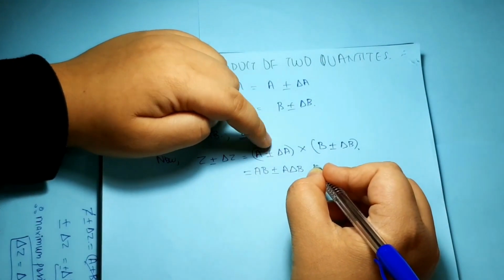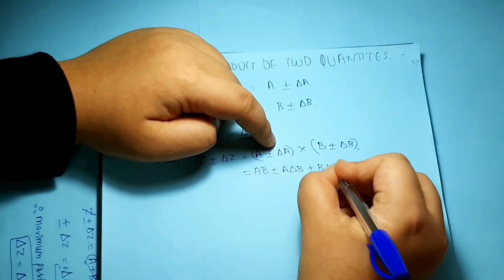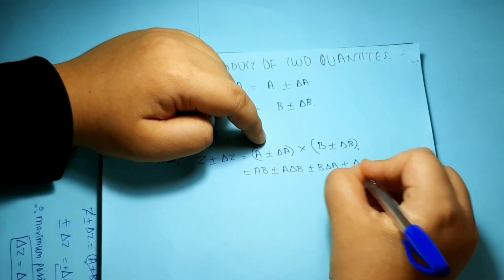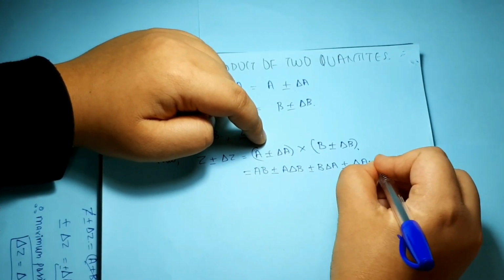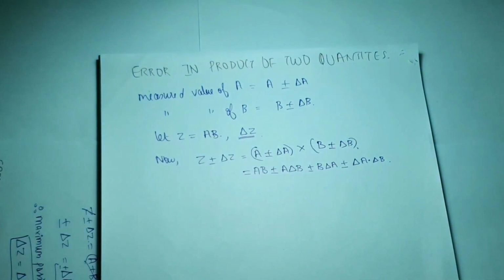This with this one now, plus or minus b into delta a, and then plus or minus delta a into delta b. So we can also represent the product with a dot, like in this case. Simple, yeah? Okay, fine.